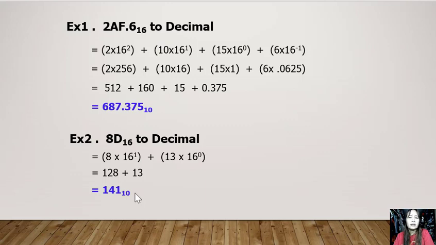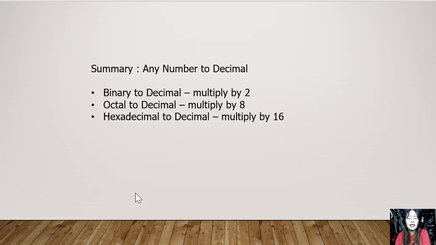Alright, so let me summarize that. We learned how to convert numbers to decimal from binary, octal, and hexadecimal. We learned that if you want to convert binary to decimal, we need to multiply each digit by 2 to the power of its location. If it is a whole number, we start at the rightmost digit, that will be position 0, and then going to the left, that will be position 1, 2, 3, 4, and so forth.